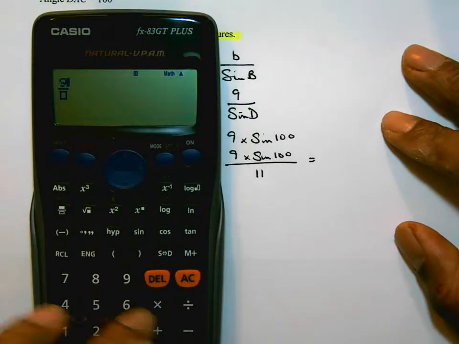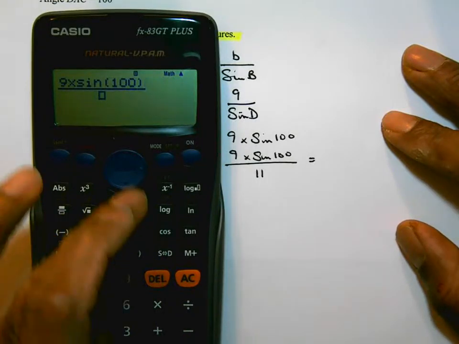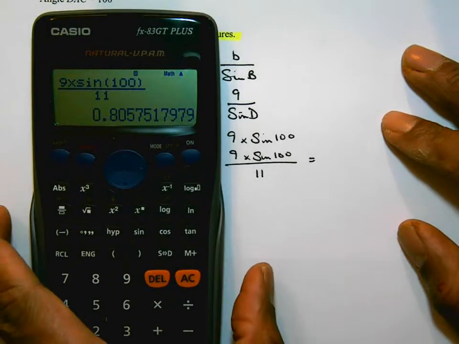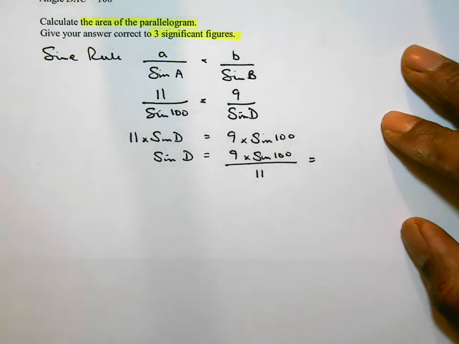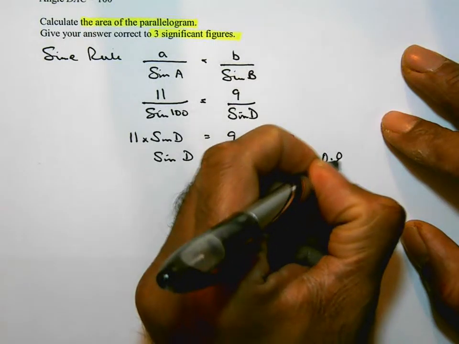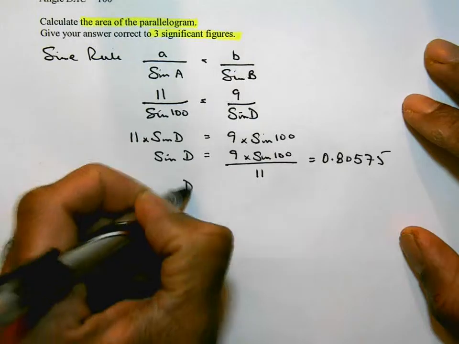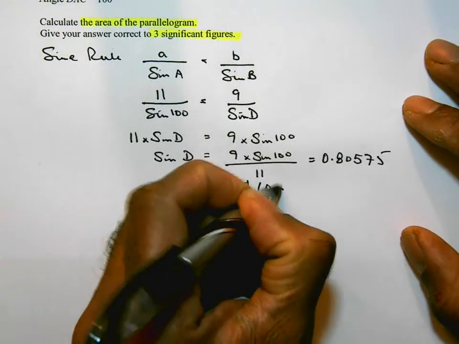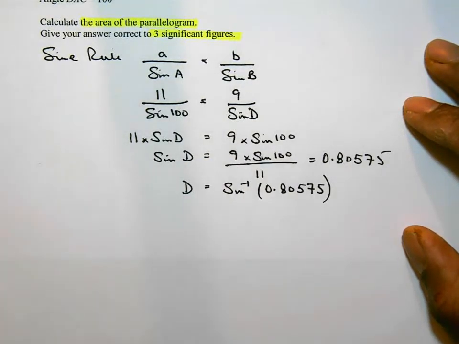I'm going to use my calculator to work out what this is. I'm going to use the fractions key and do 9 times sine of 100. Don't forget to close the brackets, and go underneath and divide it by 11, and that gives me 0.80575. To work out D, I need to do the inverse sine of 0.80575.